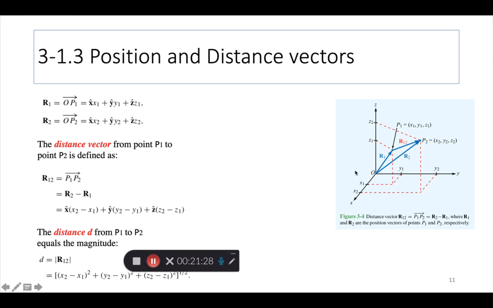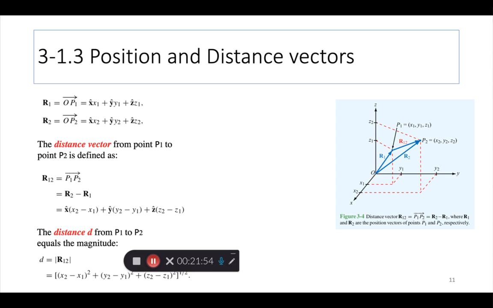So P1, for example, is a point x1, y1, z1, and the vector that connects from origin to P1 is r1, and so r1 is written like this. Similarly, there's another point P2, r2 is written like this, and with that little arrow, it shows a position vector.